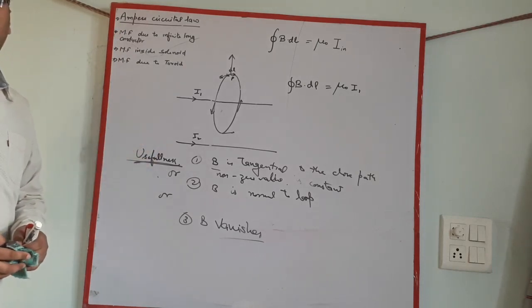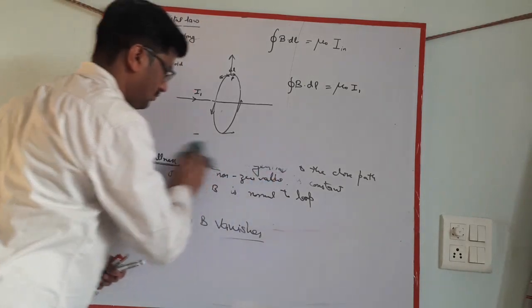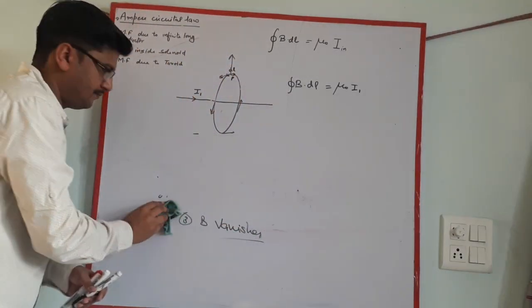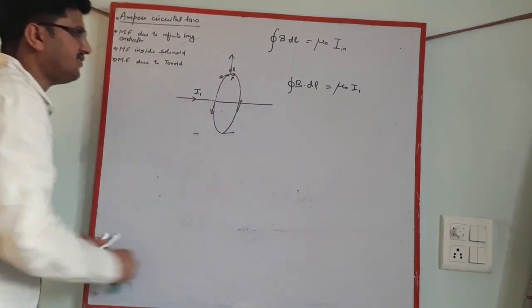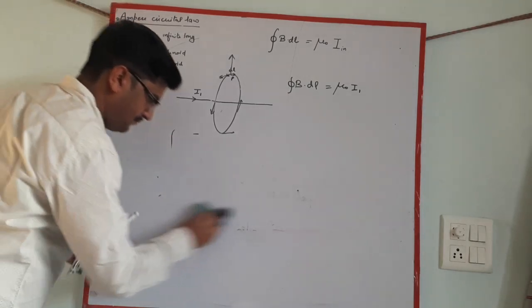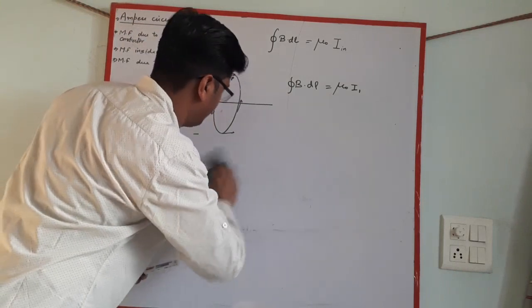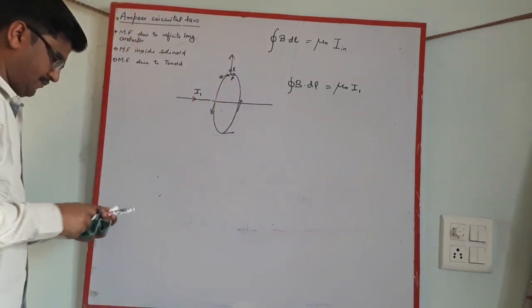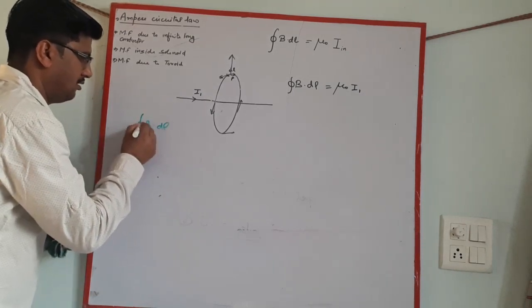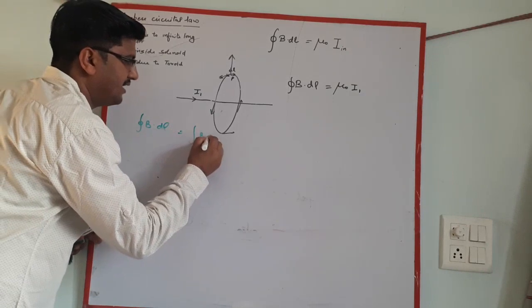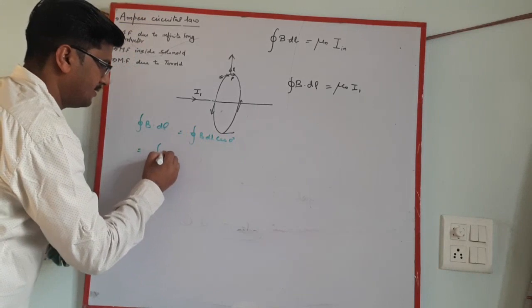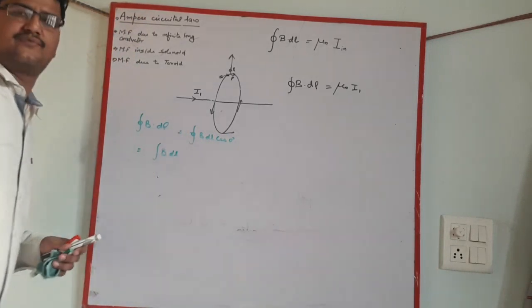We can prove this also. If you want to prove it, let's start. Line integral of B dot dl, that is B dl cos 0 degree, and cos 0 becomes 1.